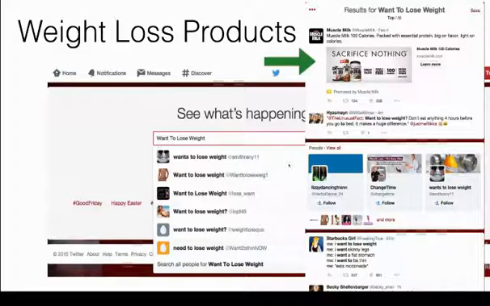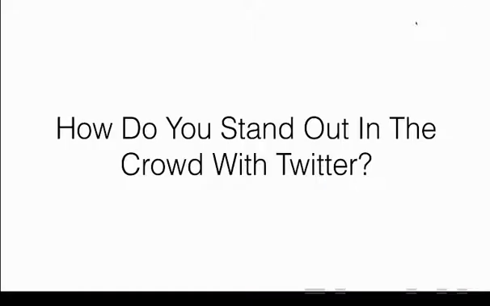You'd be surprised at how many people actually search for things in the search bar on social media. So this can happen not only for what people are saying, it can actually happen for what people are searching, because people can go in and search a hashtag or a keyword, and you can have your ad or your profile show up. Now, remember this: follow campaigns, website cards, again, staying in front of your target audience. All right, so the question is, how do you stand out in the crowd on Twitter?